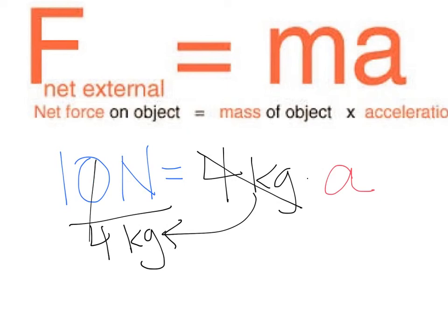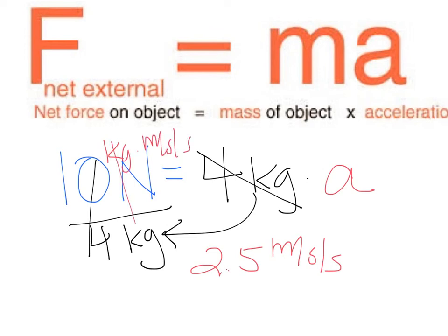When we divide 10 by 4, we get an answer of 2.5, and again our units are going to be meters per second squared because we take kilograms times meters per second squared and cancel out the kilograms.